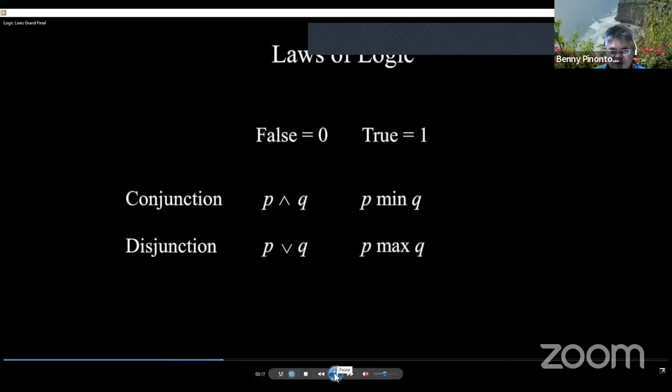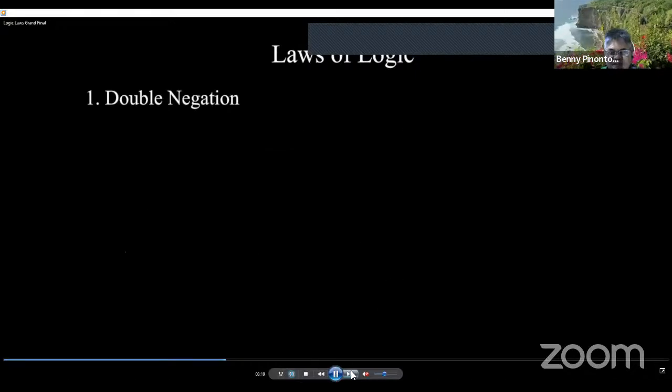So this is how you memorize them. False is 0, and true is 1. Sometimes we mix up false and 0, true and 1. Conjunction, that is the AND, is the minimum of those. Disjunction, that is the OR, is the maximum of them.